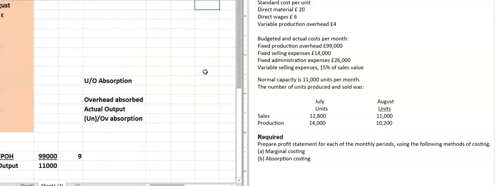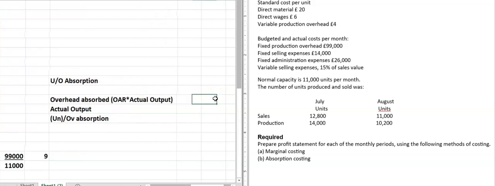Let us calculate here. So overhead absorbed. In order to calculate the overhead absorbed, you have to get the OAR into actual output. Right? Actual output you have to get. So let us calculate here. OAR is 9, we already calculated.